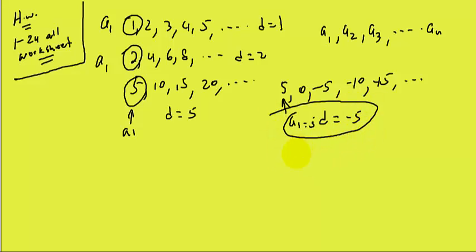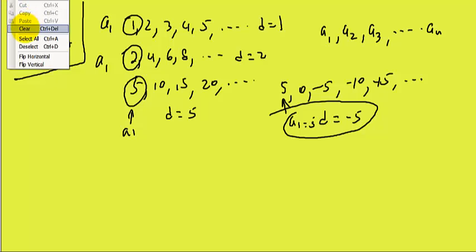So the question comes, how do you find any particular term? Let's say you have, that's number 1 here, 34, 24, 14, and 4, and they want us to find the 52nd term.